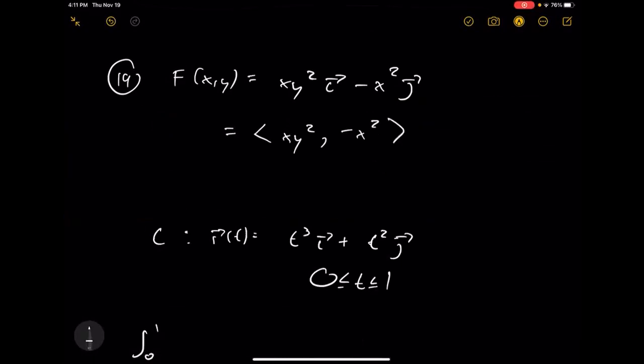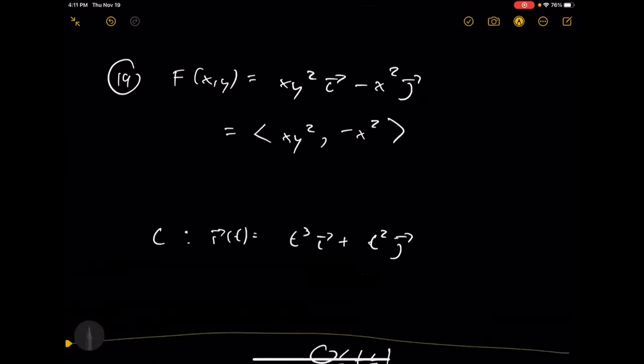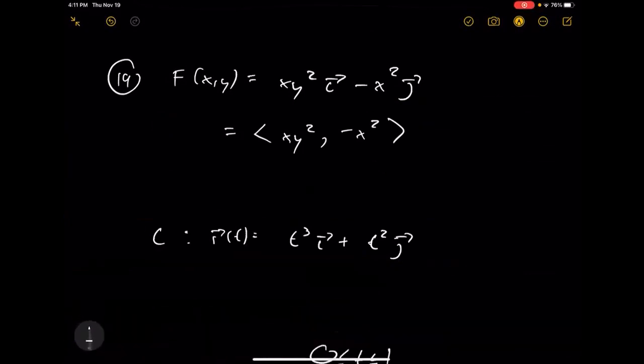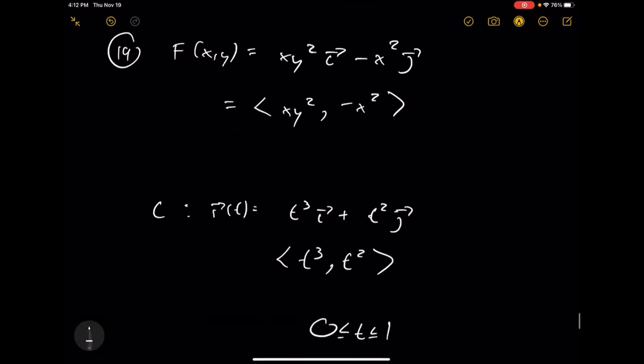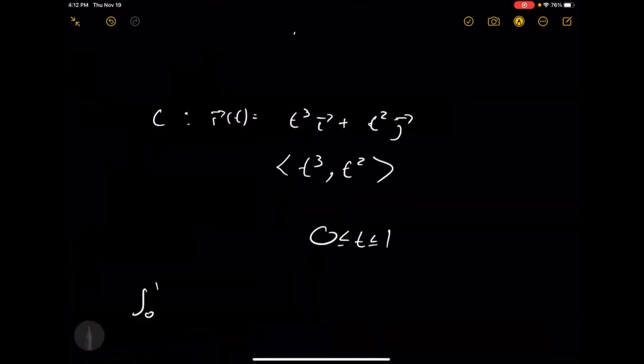Now I want to convert everything in terms of t. For my curve, I could also convert this to vector notation: t cubed, t squared. So my x is t cubed, my y is t squared. So I need to replace all my x's with t cubed, all my y's with t squared.